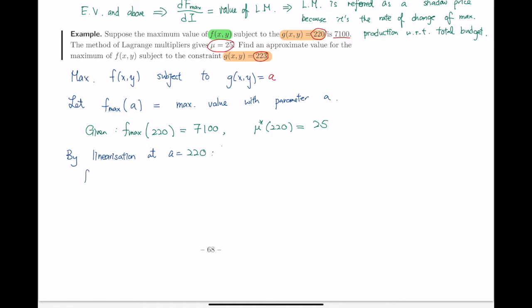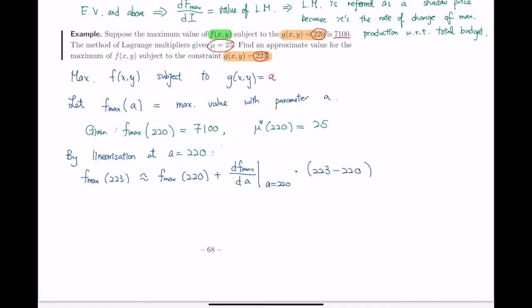Then we have F*(223) is approximately equal to F*(220) plus dF*/da evaluated at a equal to 220, and then times, okay, now you plug in 223, 223 minus 220.